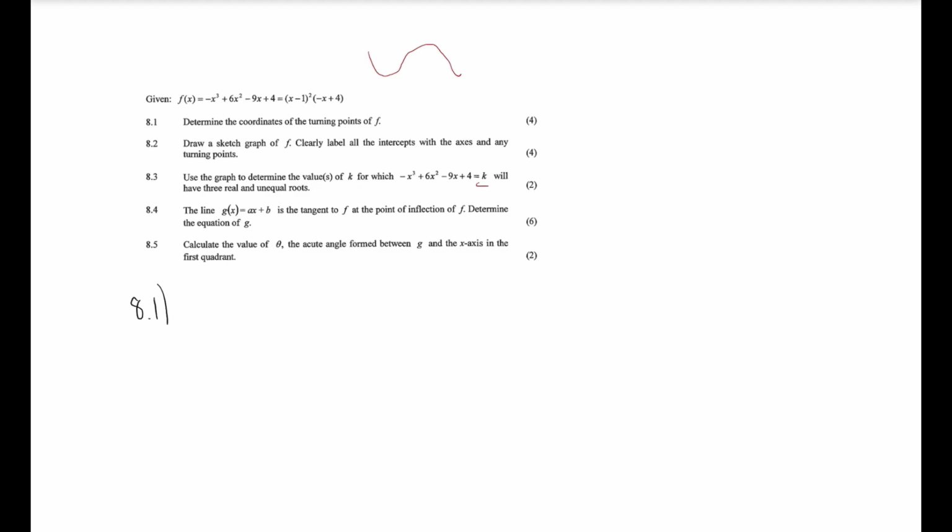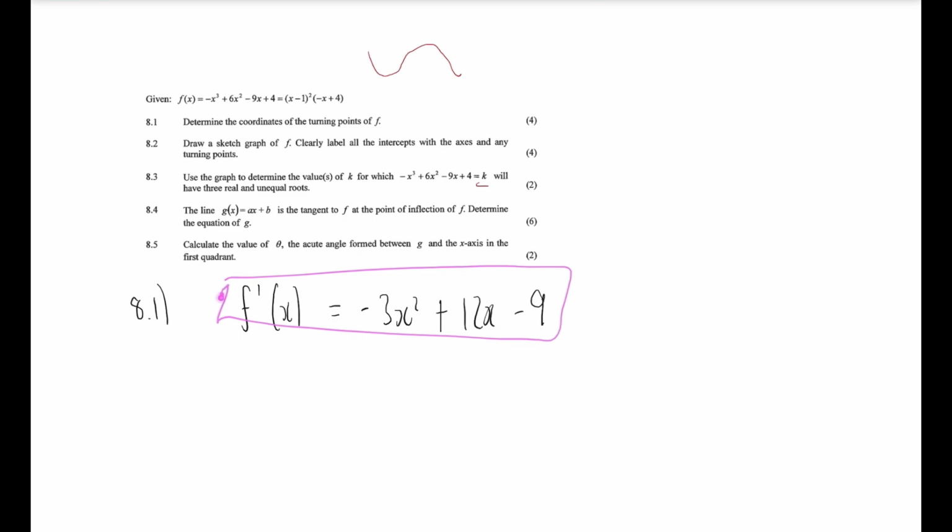So the first derivative of f is, when you differentiate this equation, f'(x) = -3x squared + 12x - 9, right? Now that you have differentiated, this equation gives you the gradient of our function f at any point on the graph.